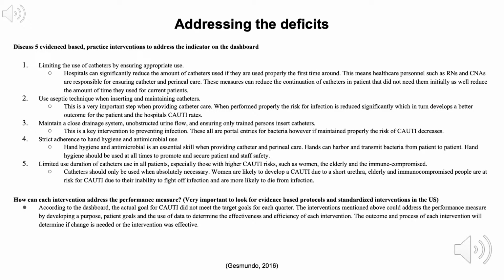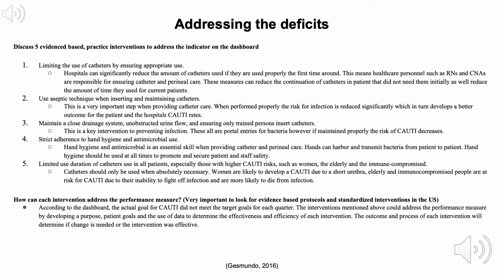The third intervention is maintain a closed drainage system, unobstructed urine flow, and ensuring only trained persons insert catheters. This is also a key intervention to preventing infection. These are all portal entries for bacteria. However, if maintained properly, the risk of Cauti can decrease.